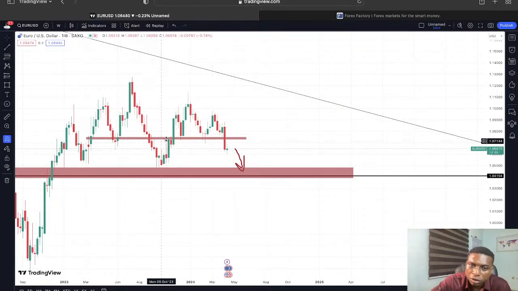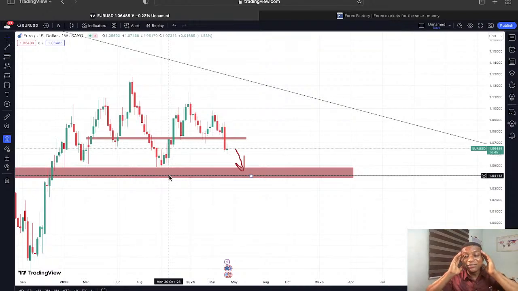And you can see the same thing played out here. When price broke out of this support zone, what happened? Price came down and touched this next main support zone at 1.04113.